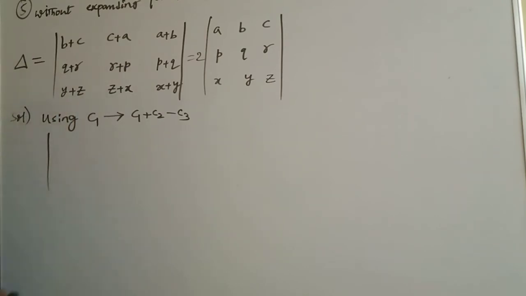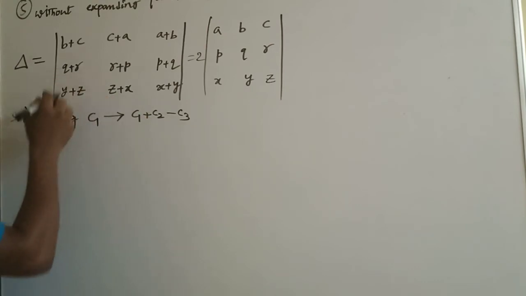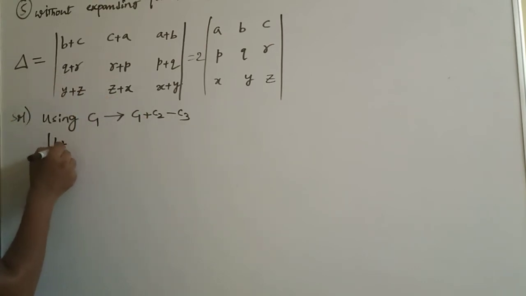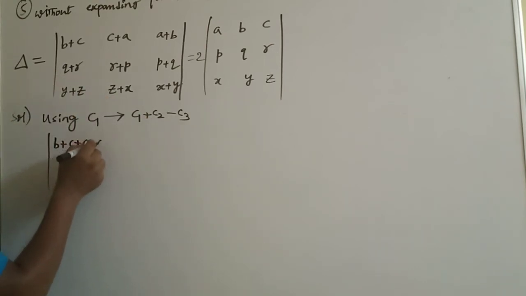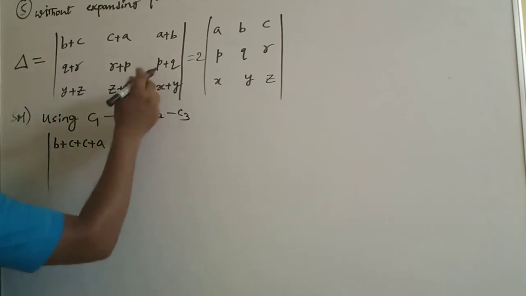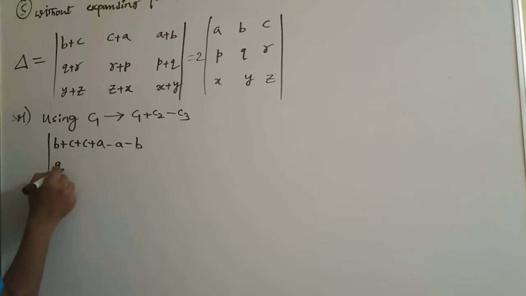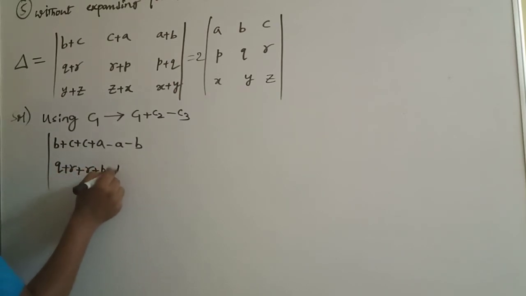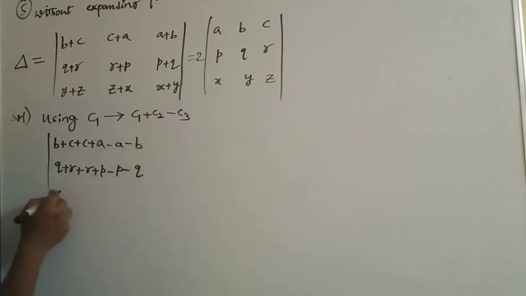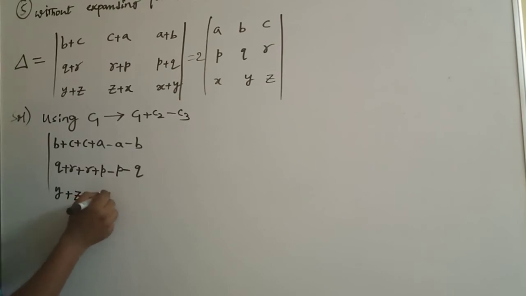So when you apply it, C1 plus C2, so B plus C plus C plus A minus C3, minus A minus B. Same method next. Q plus R plus R plus P minus P minus Q. Same method. Y plus Z plus Z plus X minus X minus Y.